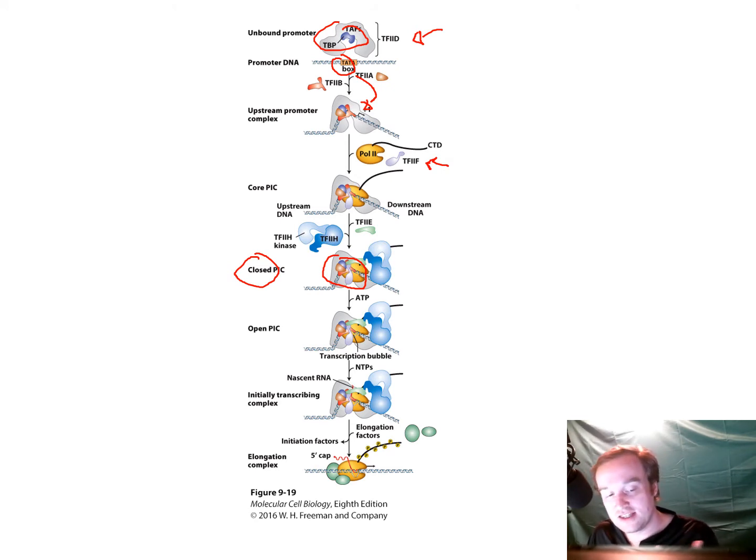And so this strain on the DNA, you can see that the DNA is kinked at this point. This assists the TF2B N-terminal region and polymerase II to melt the DNA, or pull it apart. That will allow polymerase to transcribe one of the two strands.